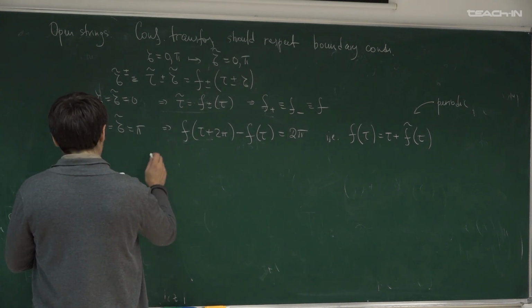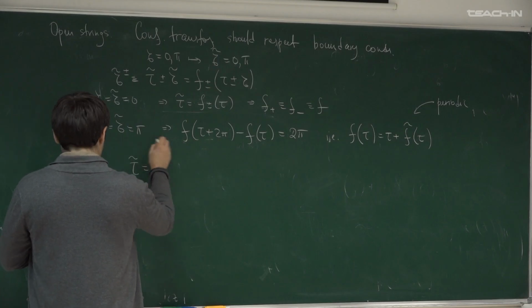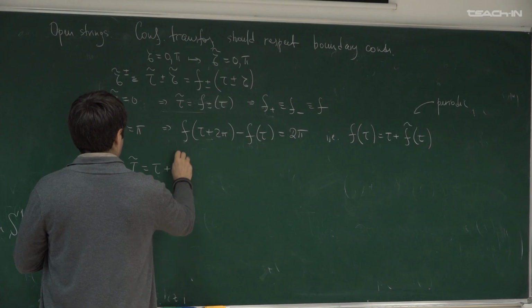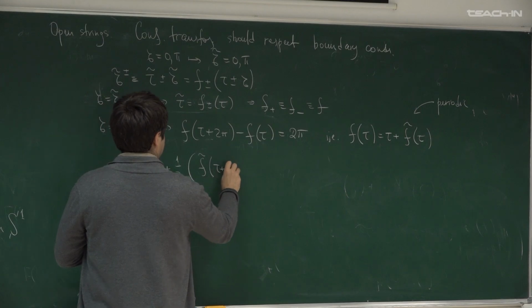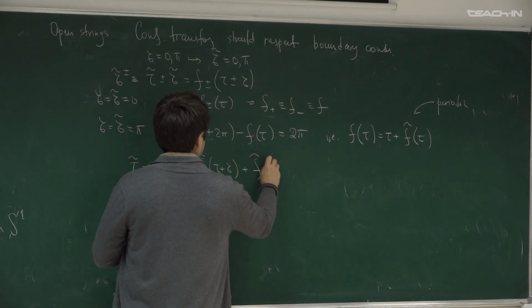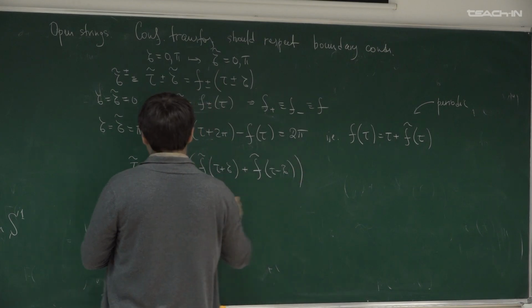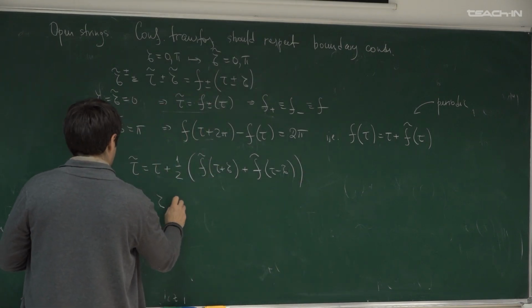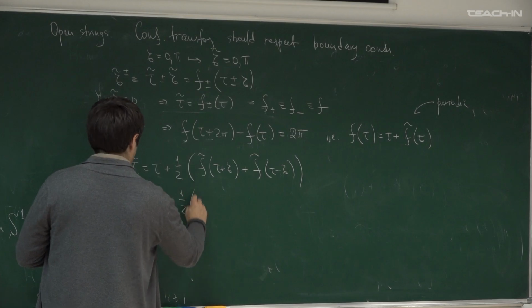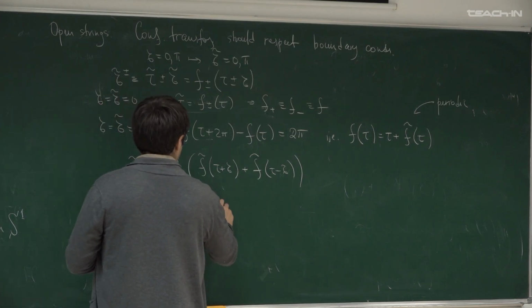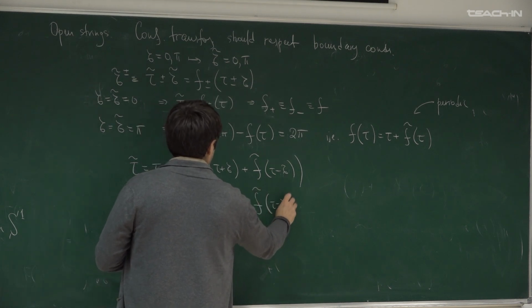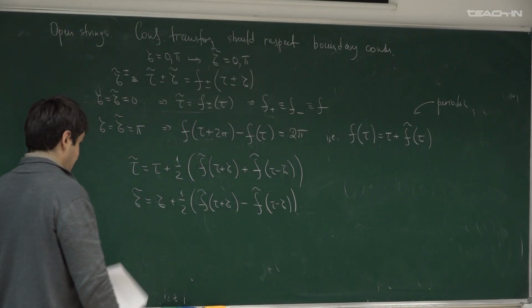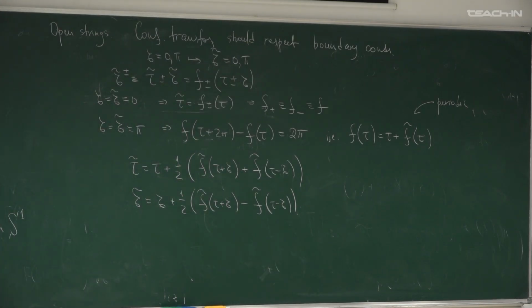Explicitly, you can also rewrite. Okay, this is just some rewrite in terms of tau and sigma. And so there's a single function involved, function f tilde.